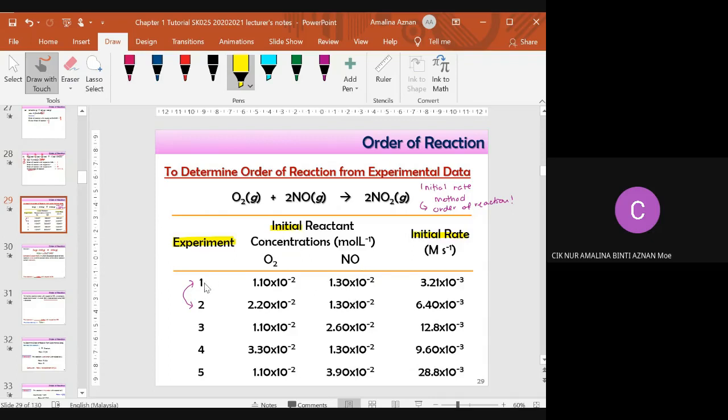So contoh Miss akan compare experiment 1 dengan 2. So, salah satu datanya mesti sama. Same. Okay. Lagi satu ni adalah different value. Barulah kamu boleh compare.